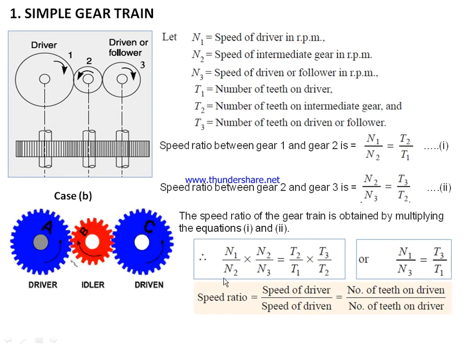So, N2 cancels and T2 cancels. Hence, finally for this arrangement you will get the speed ratio or the velocity ratio as N1 by N3, the speed of the driver divided by the speed of the driven, equal to the number of teeth on the driven divided by the number of teeth on the driver. So speed ratio equals speed of driver divided by speed of driven.